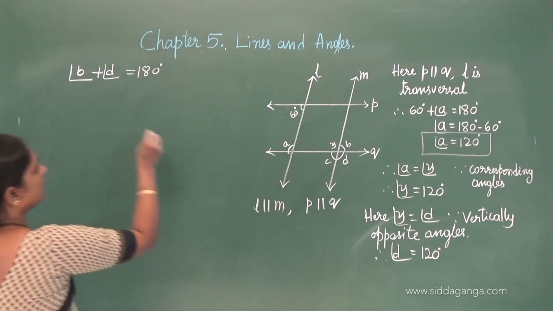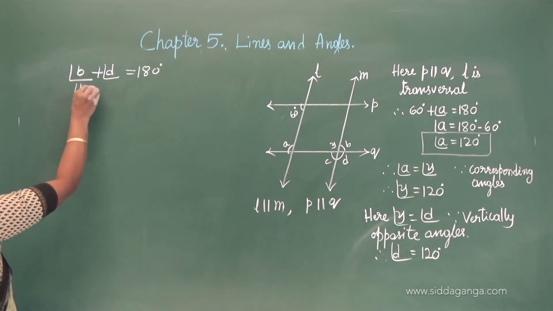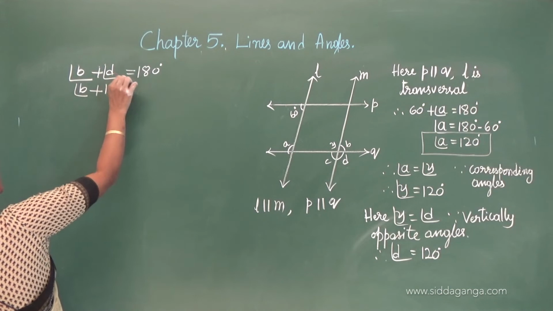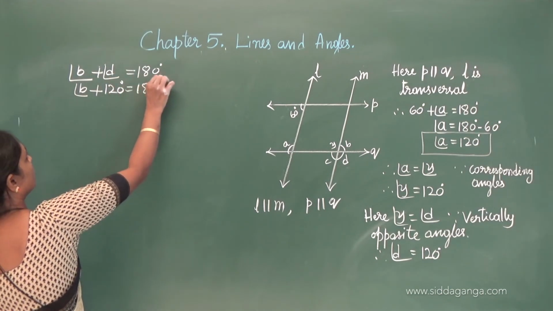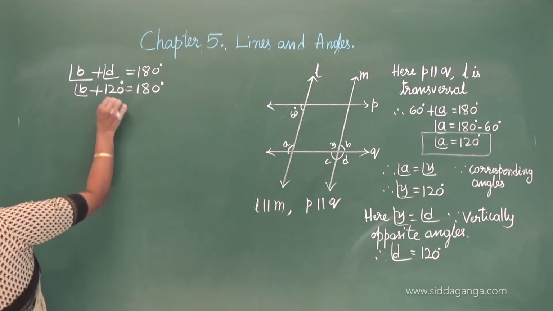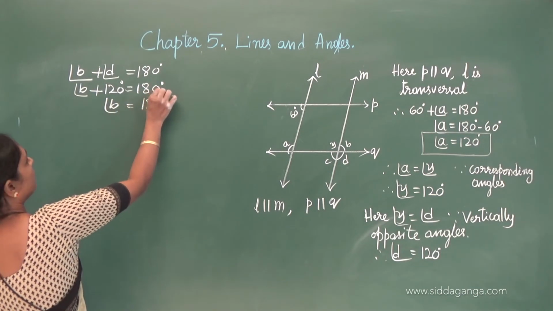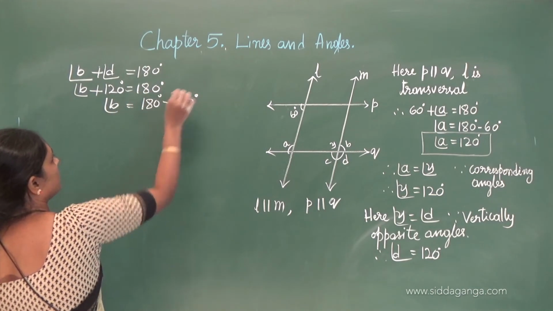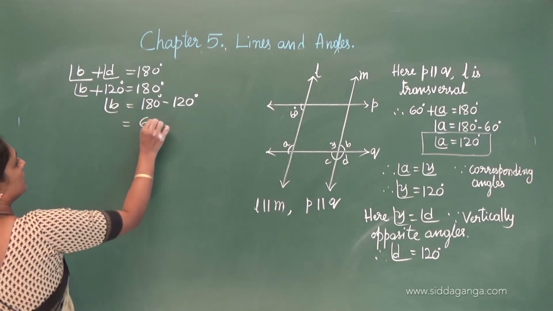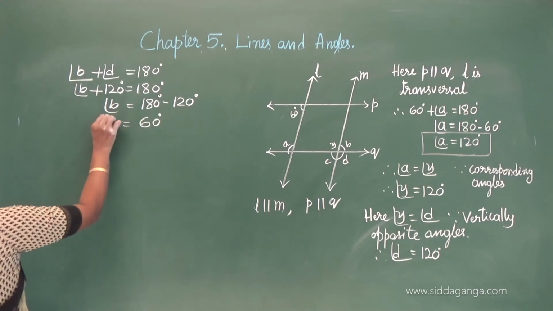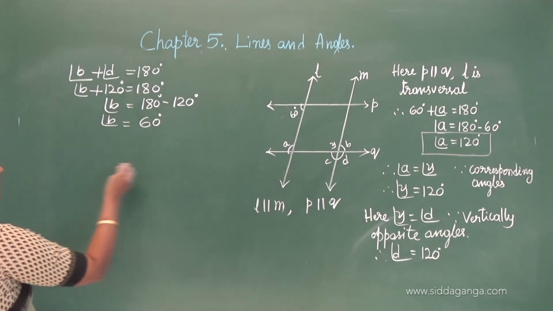So we know angle D, angle B plus D is 120 degree, so that is equal to 180 degree. Keep B as it is in the left side. Shift 120 to right side, it will be minus 120 degree, then it is 60 degree, angle B is 60 degree. What about B and C?